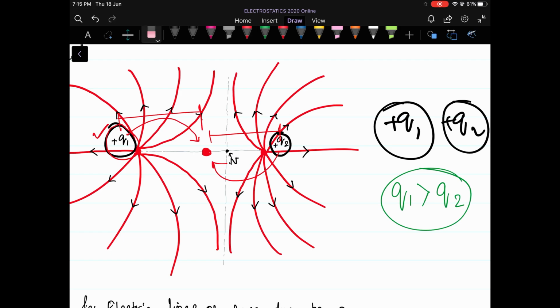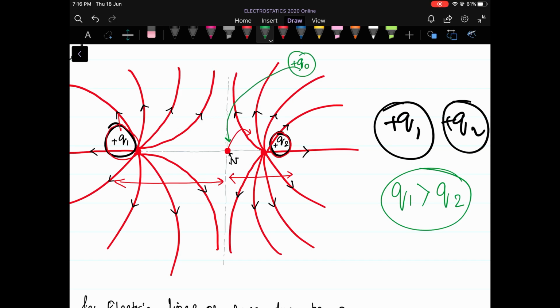However, if you are talking about a point closer to your smaller charge, you can see this is a point closer to your smaller charge. Now this point corresponds to a smaller distance from the second charge, but a very large distance from the first charge. Clearly, if I keep a test charge at such a point, the force due to the first charge will be less as we move from the middle, and the force due to the second charge will start increasing.